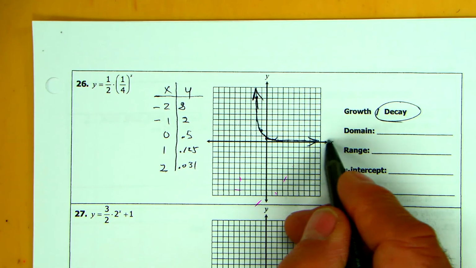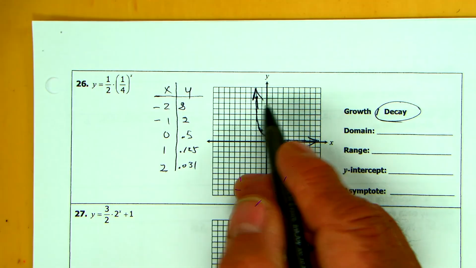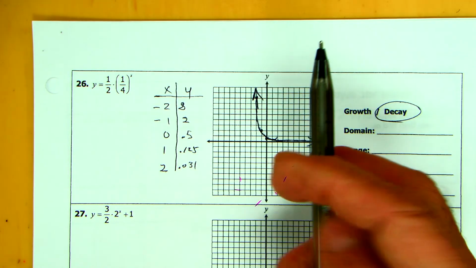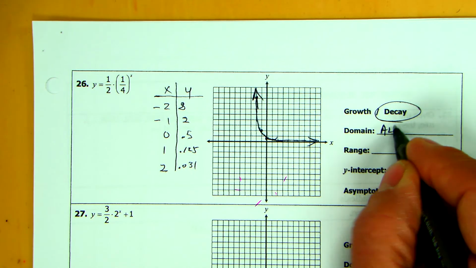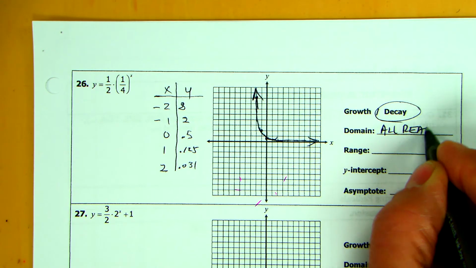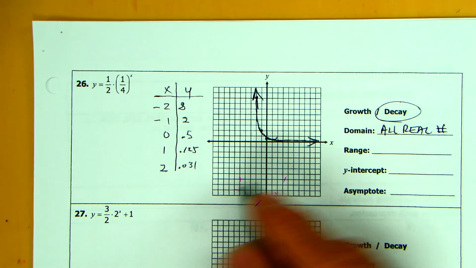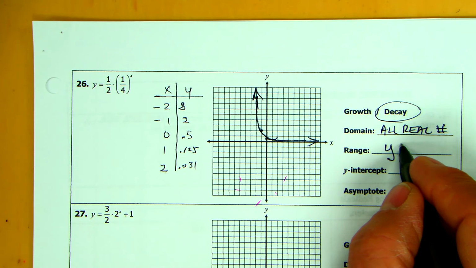The domain, again, is from as far right as you can go to as far left as you can go, because this continues to spread out all the way to negative infinity. So, again, the domain is all real numbers. Now, the range, the y values, would be greater than 0.